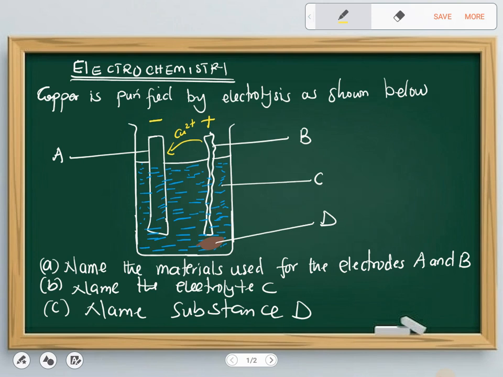Now, name the electrolyte C. The electrolyte is a solution which helps us to purify copper, and that solution is called acidified copper(II) sulfate solution.